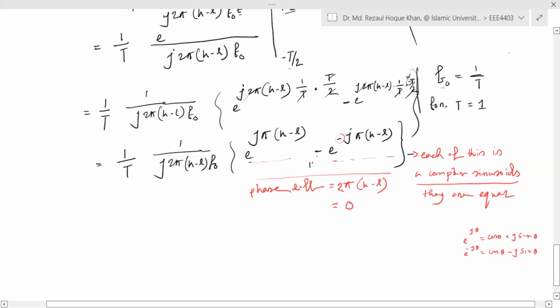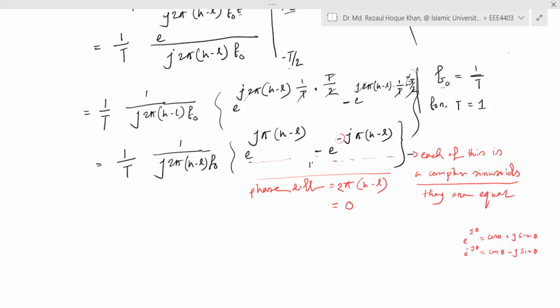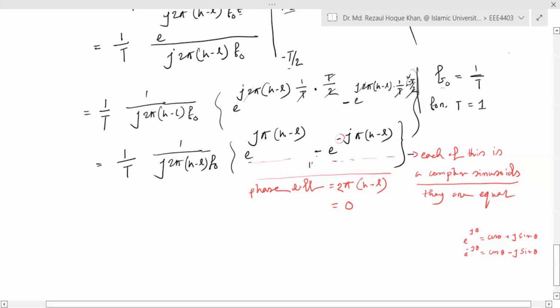So if you subtract, there will be twice pi (k minus l). This will be their phase, and that phase difference will be 0.